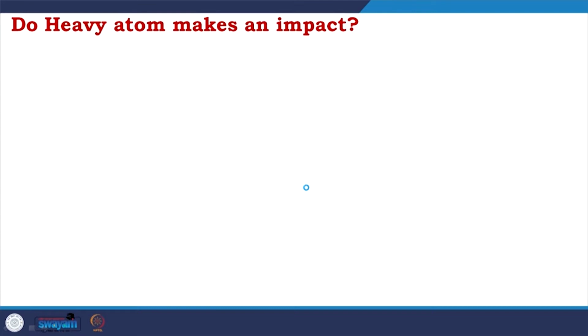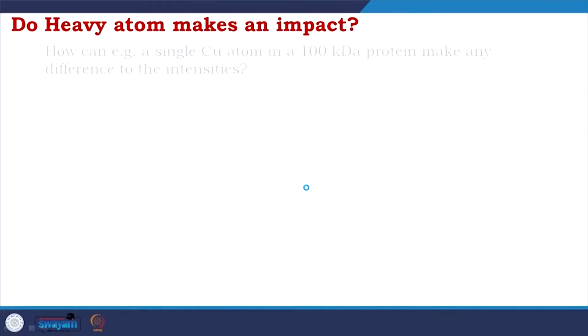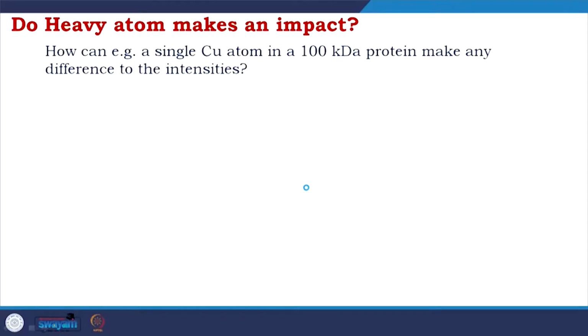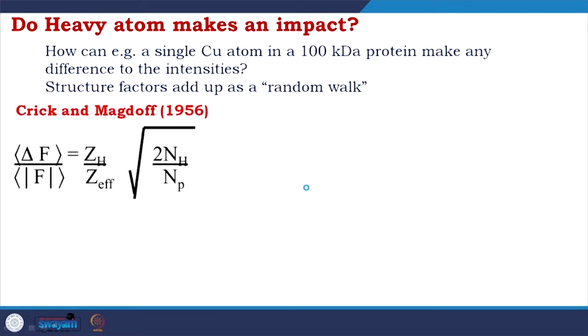So, before going into details, one thing you should know, do heavy atoms make an impact? Let us take a look at how a single copper atom in a 100 kilodalton protein can make any difference to the intensities. Structure factors add up as a random walk.